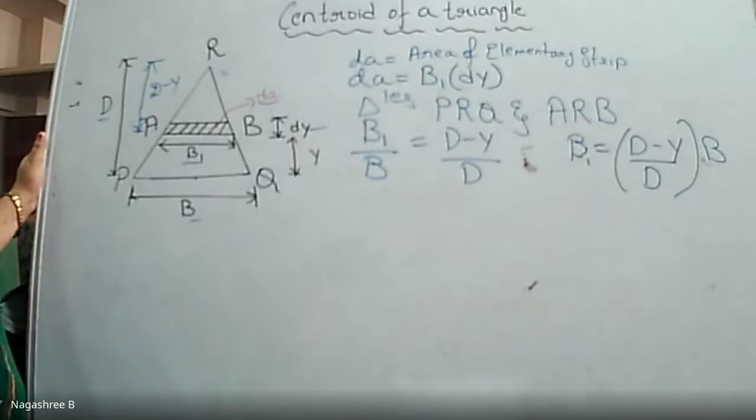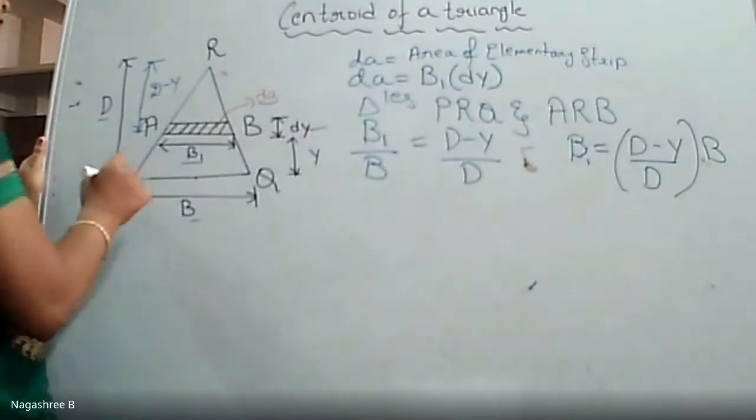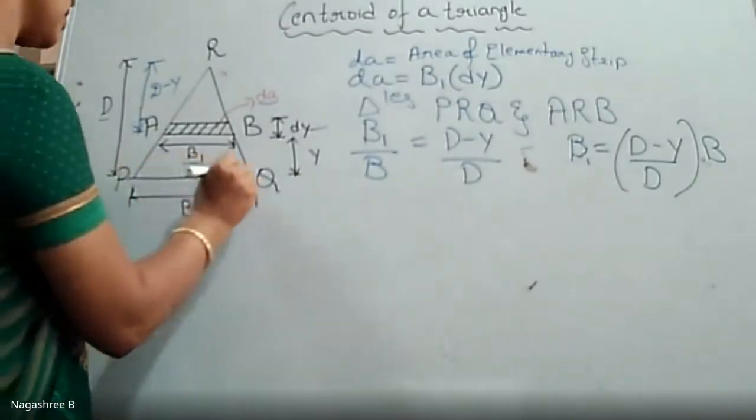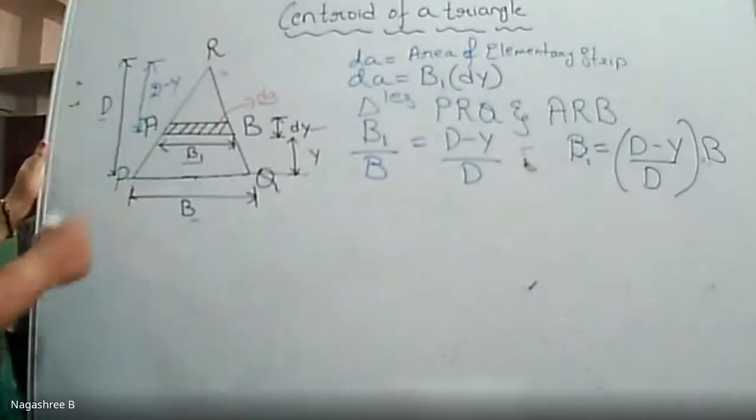The next step is to determine the moment of the area of the elementary strip about the bottom axis. I am going to take the reference axis as PQ.